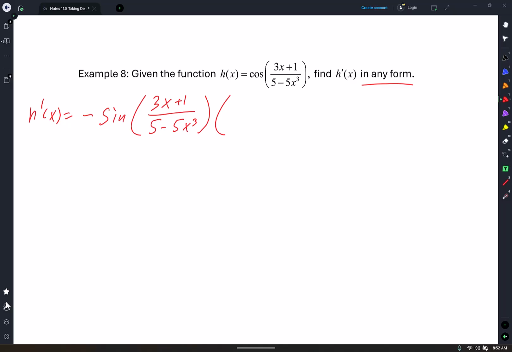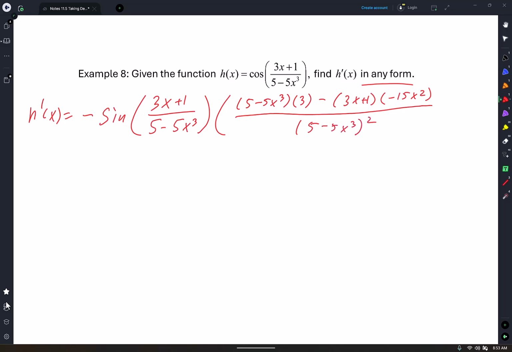So use parentheses on everything. 5 minus 5x cubed times, no, not 3x plus 1, times 3. The derivative of the top, right? Minus top 3x plus 1 times derivative of the bottom, which is? All this is over what? 5 minus 5x cubed squared.